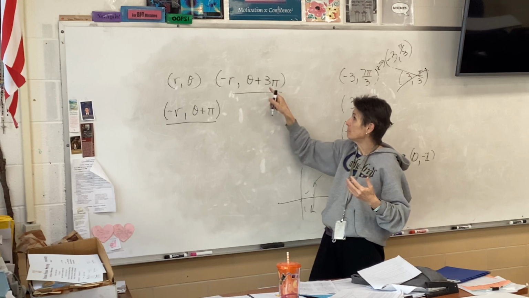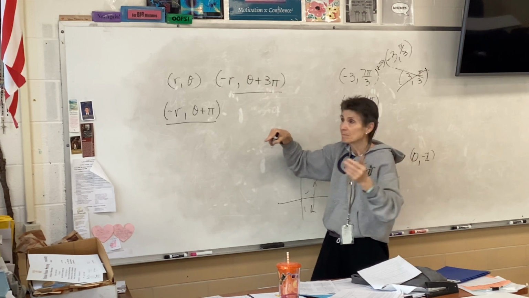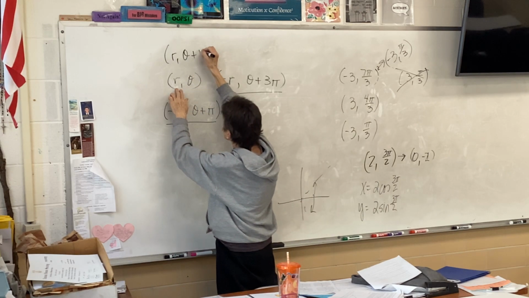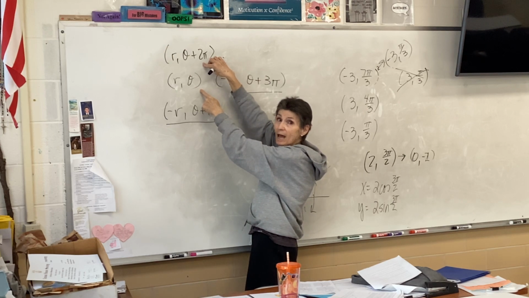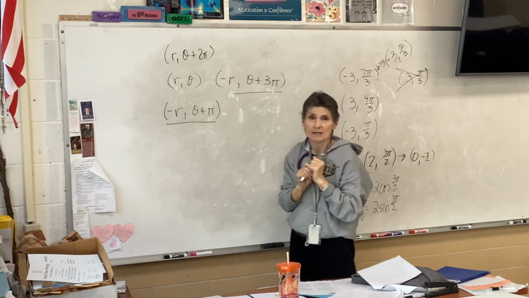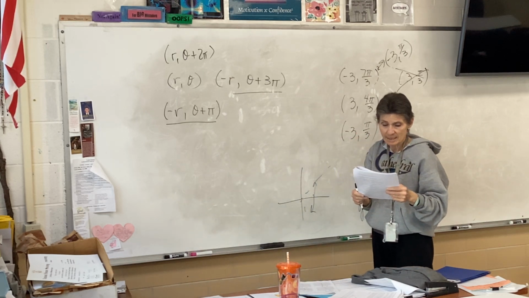Yes. And it would be if it were a 5 or a 7 or anything. Now, how about this point? Are these two at exactly the same point? Absolutely. Adding 2π changes nothing. So that is a true statement.